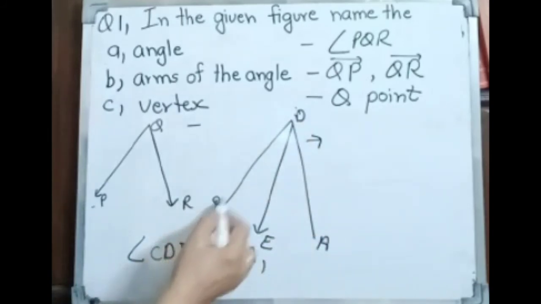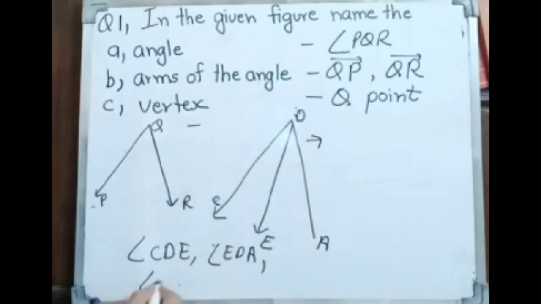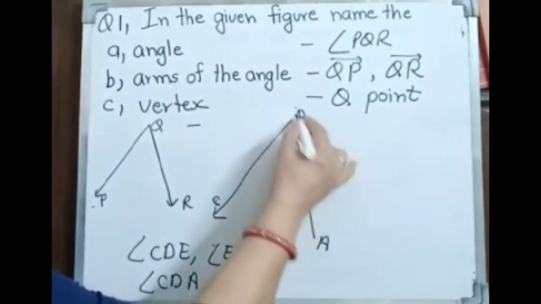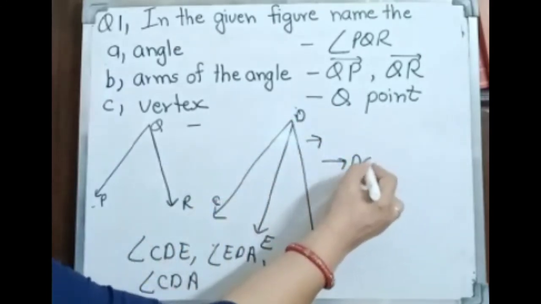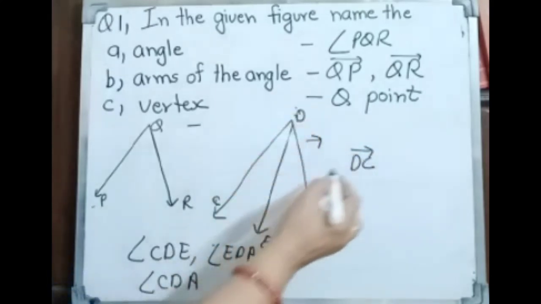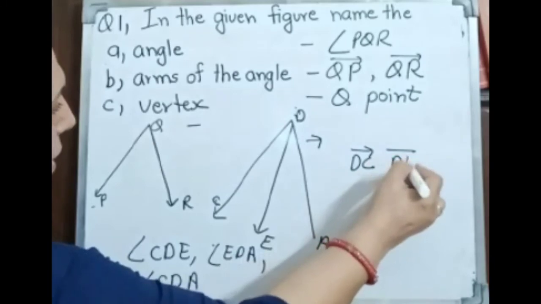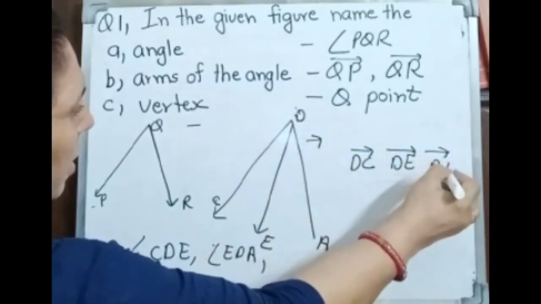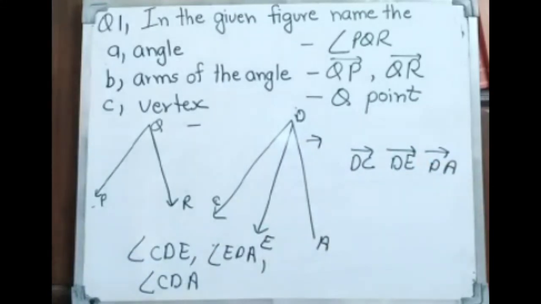One more angle is CDA, angle CDA. Now the arms of the angle: arm DC, arm DE, arm DA. And the vertex is only point D. This is the vertex.